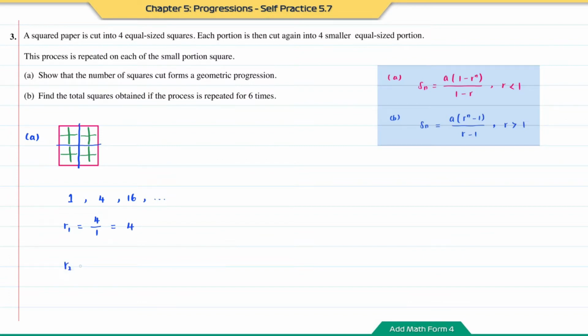If we continue with the other consecutive term, 16 divided by the previous term 4, you'll find that the ratio is 4 as well. When you have the same ratio, the common ratio, R1 equal to R2, therefore the number of squares formed here will form a geometric progression.